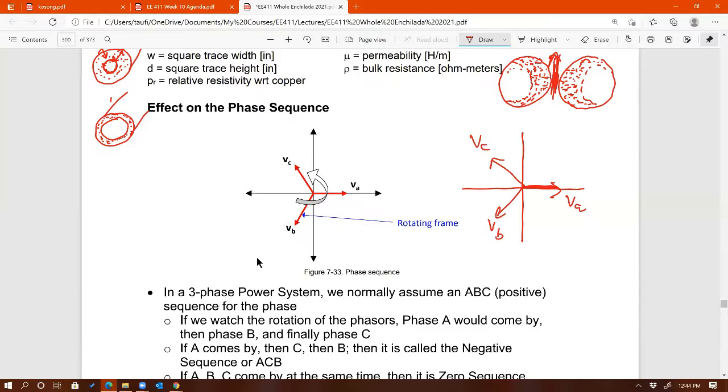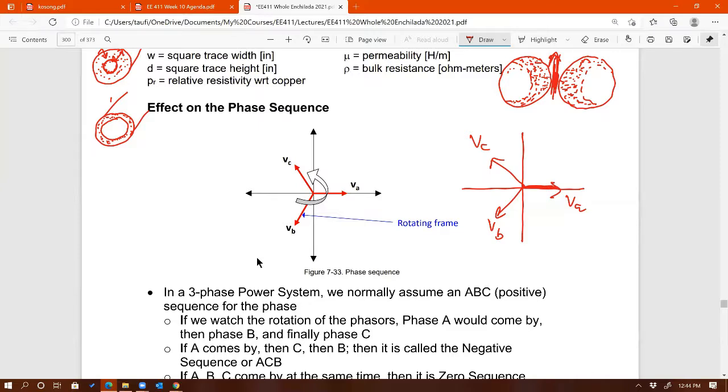Depending on the frequency, if it's 60 hertz, then this frame, with all three voltages, will rotate 60 times per second, 60 cycles per second. If it's 50 hertz, then 50 cycles per second.